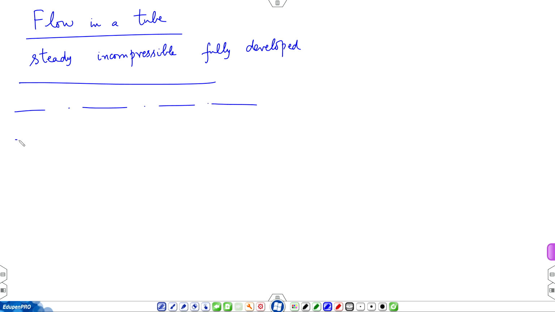This is the tube of some radius r. When you talk about a tube, you are going to work with the RZ coordinate system. And the velocity components are u and w. u and w are the radial and axial components of velocity.